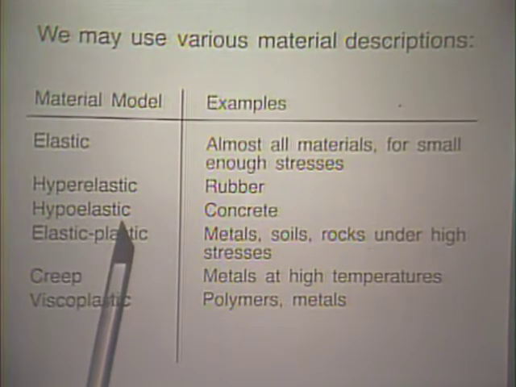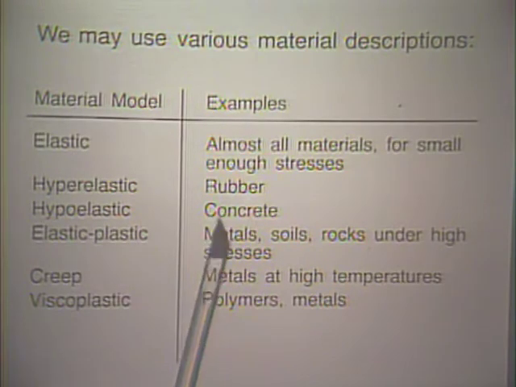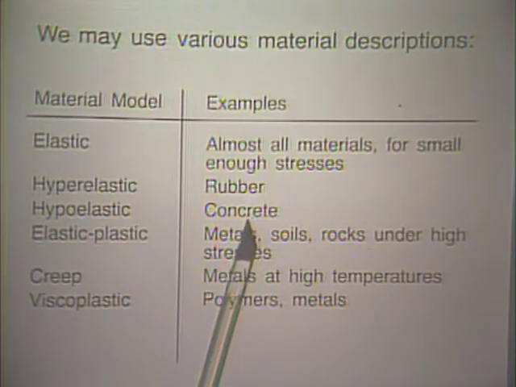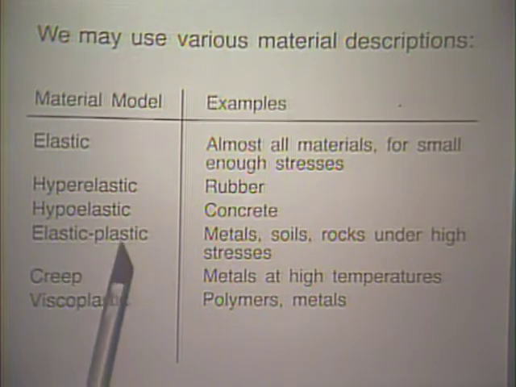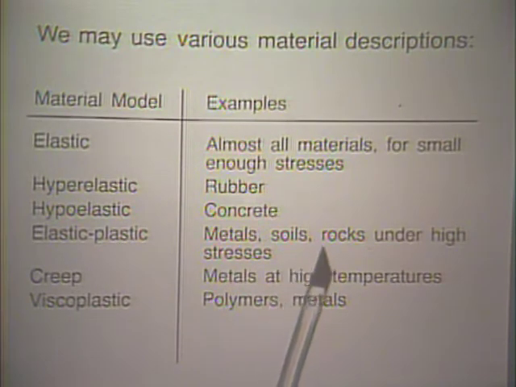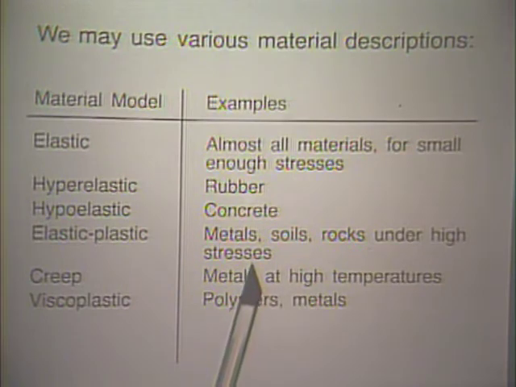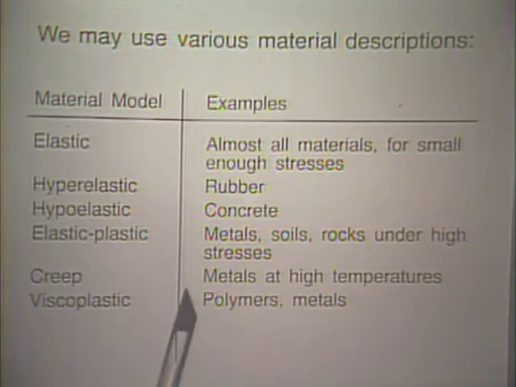A hypoelastic material would be a concrete material model. An elastoplastic material would be applicable to model metals, soils, rocks under high stresses. A creep material model would be applicable to model metals at high temperatures. When the temperatures are high, then metals are subjected very easily to creep.